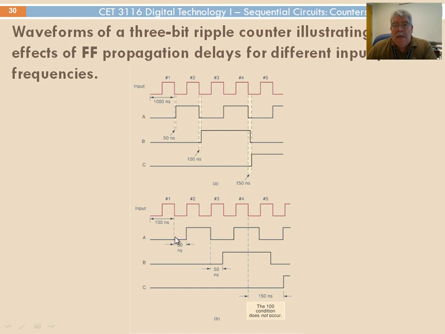And well, we add another 50 nanoseconds, and we're completely one clock cycle off in the output. And the third will add another 50 nanoseconds, for a total of 150 nanoseconds, similar to the previous situation.